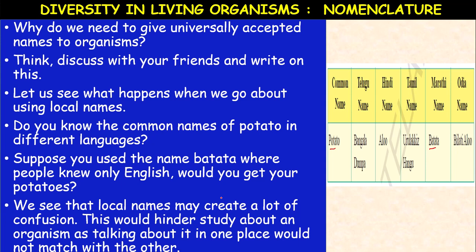So we see that the local names may create a lot of confusion. This would hinder the study of any organism, as talking about it in one place would not match with the other. That's why one universal name, that is called the scientific name, is given to avoid the confusion. That's the reason why there is a necessity of nomenclature.